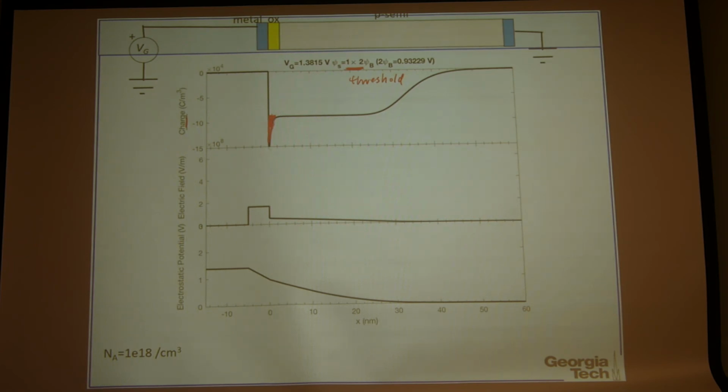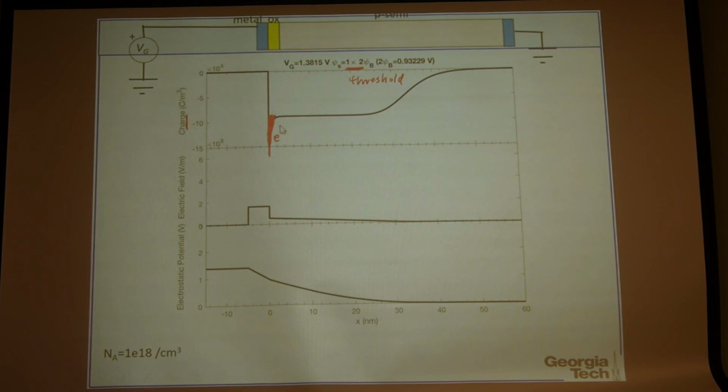So now you see this spike in that charge density. So what is that spike? Inversion, yeah, electrons. So those are the electrons, because electrons are negative, so that's why it's pointing down in the charge density.